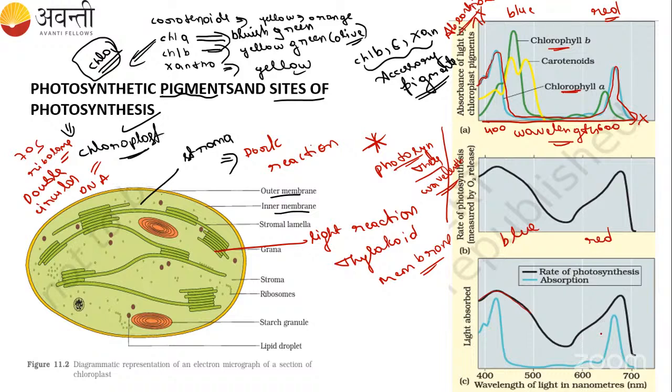In both blue and red wavelength, the absorption spectra and action spectra are showing a rise, which means the specific pigment is absorbing that wavelength and specific photosynthesis is happening in that wavelength. That means that pigment is important for photosynthesis and that wavelength is important for photosynthesis. Only in that wavelength is the photosynthesis going to take place. Okay, that is mainly in blue and red wavelength. Did you understand this?